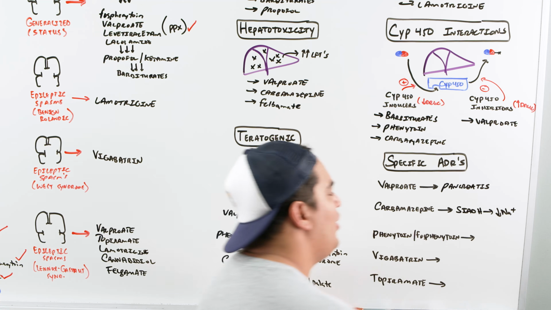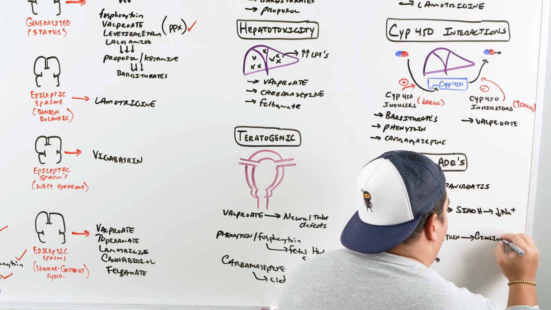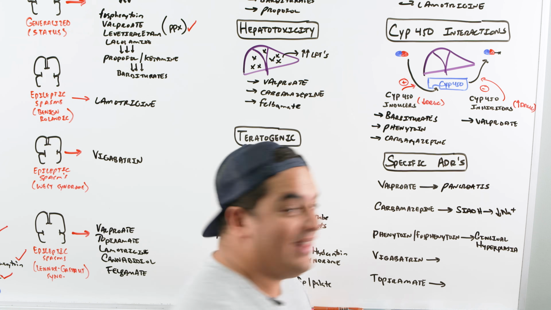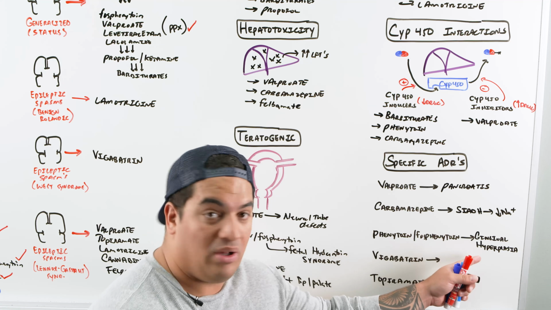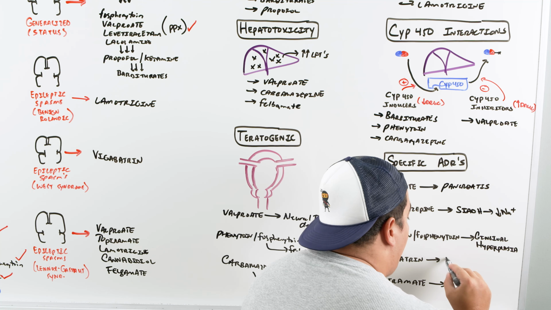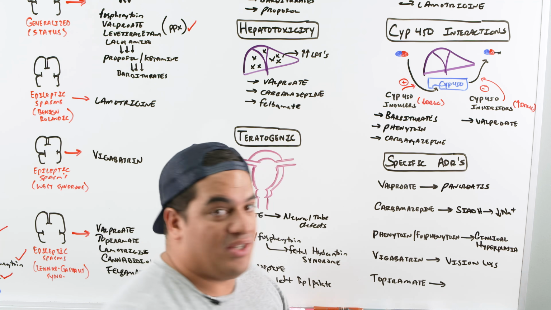Phenytoin, fosphenytoin, a really weird one, but it's important to remember it can cause a very significant thickening and increased production of the gingiva, which is called gingival hyperplasia. That's another big one, and if you stop its use, it will actually regress back to normal. Vigabatrin: vision loss is a big one. And then last but not least, my friends, is topiramate.